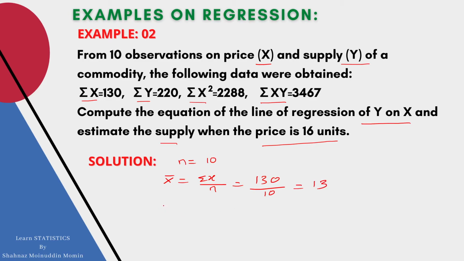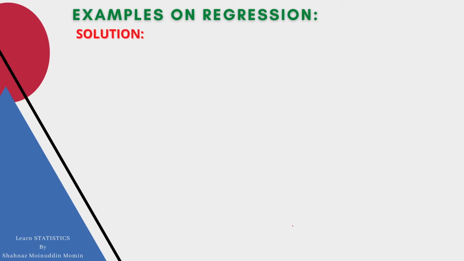Similarly, y bar equal to summation y divided by n, that is 220 upon 10, it is 22. Now the regression coefficient of y on x is given by, since we are going to obtain the line of regression of y on x. So we have to calculate the regression coefficient of y on x.